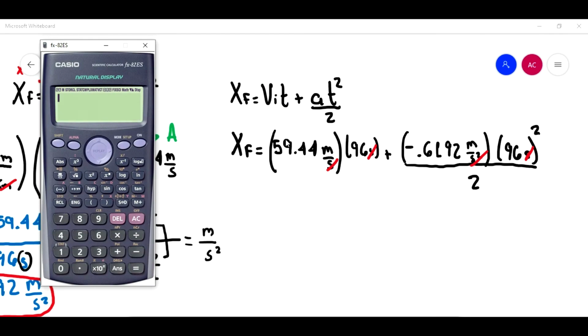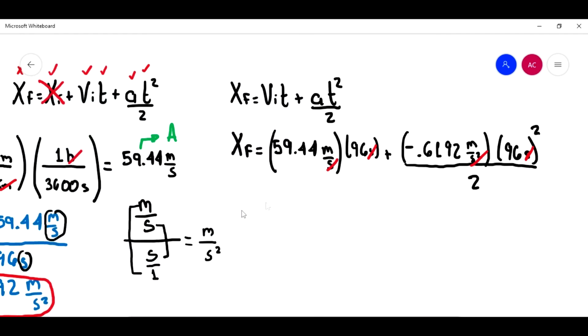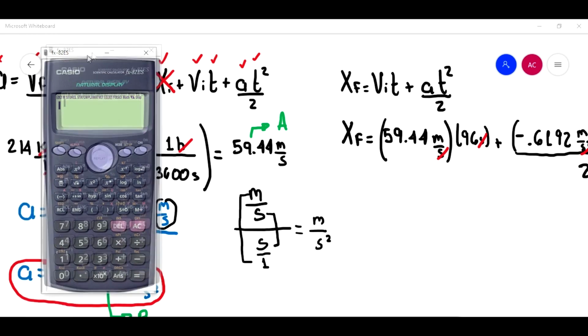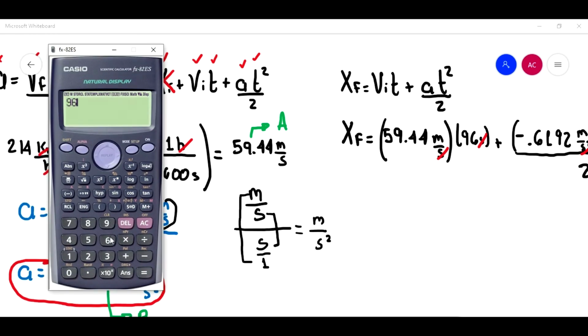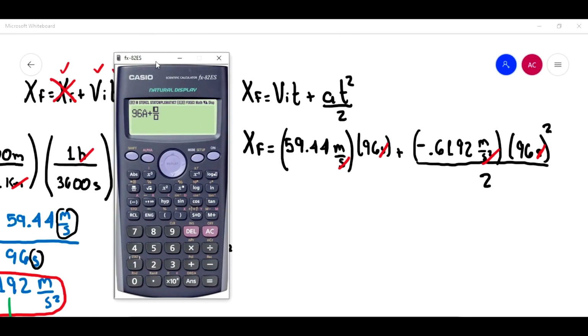So this value over here, the initial velocity, I got it in A. So it's going to be 96, the time, that multiplies the value of the initial velocity, that is A, plus fraction. This value over here, I got it in B. So I'm gonna write alpha B times 96 squared over 2. This is how I'm doing this operation in my calculator.